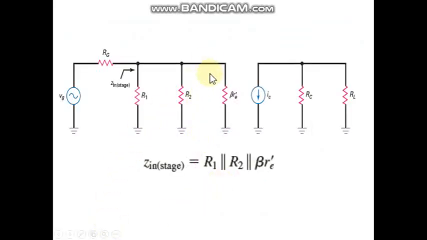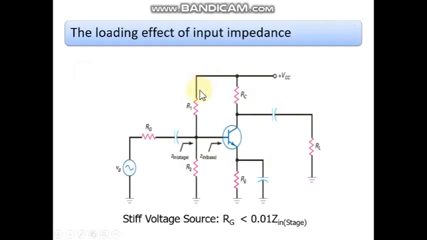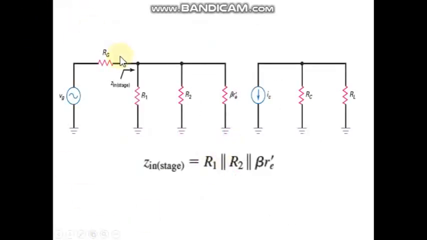And Z in stage is the impedance you can see from this point. It is R1 parallel R2 parallel Z in base. So Z in stage will be R1 parallel R2 parallel beta RE dash.